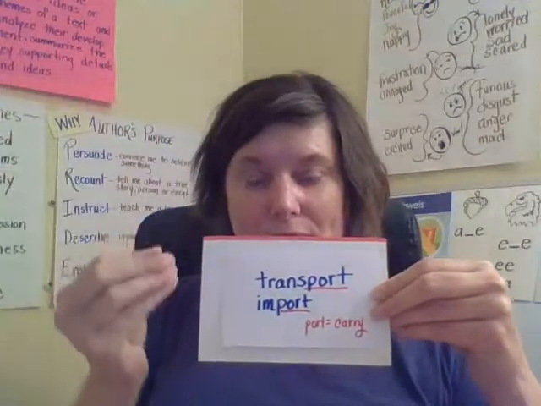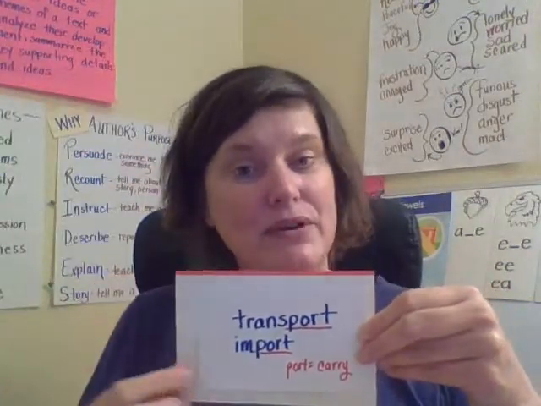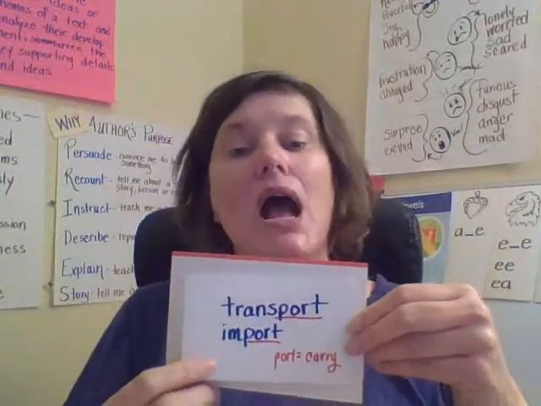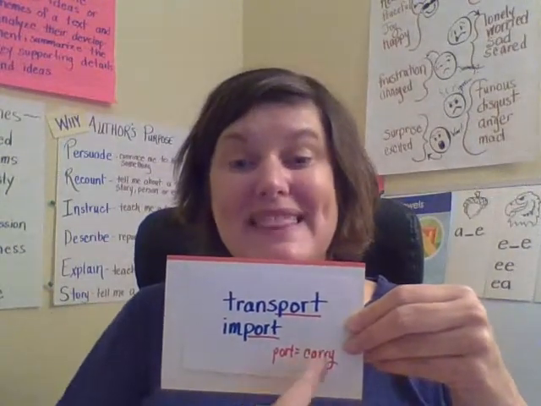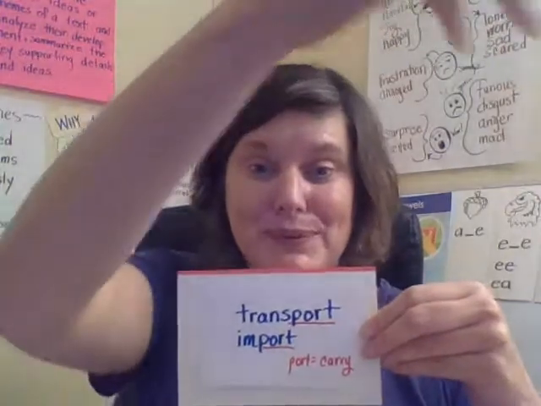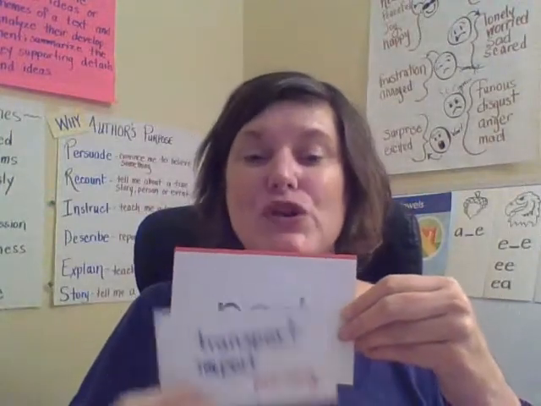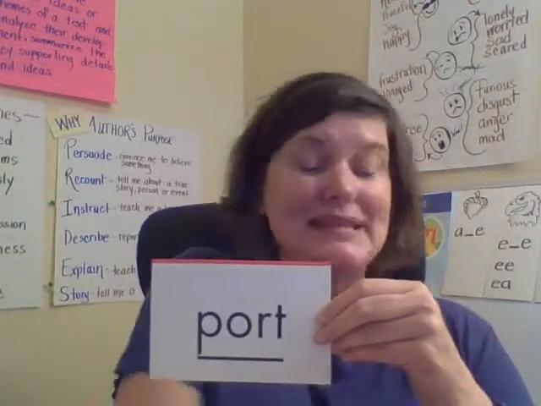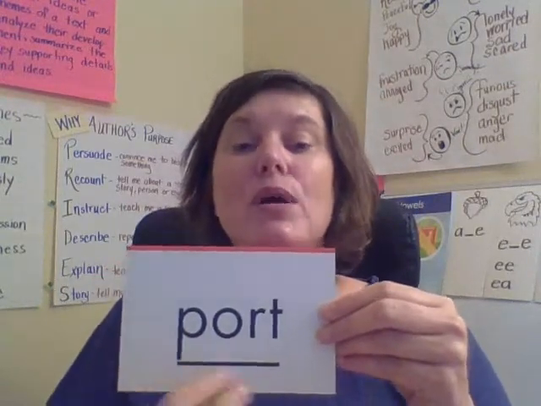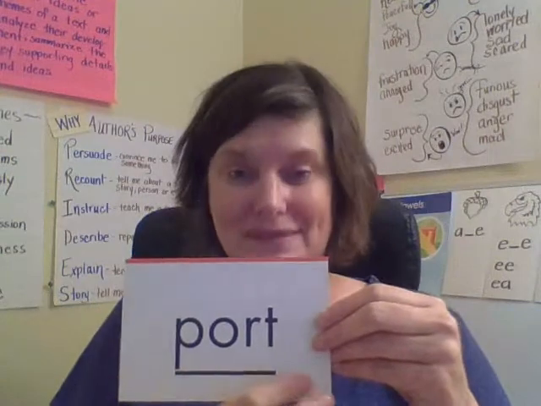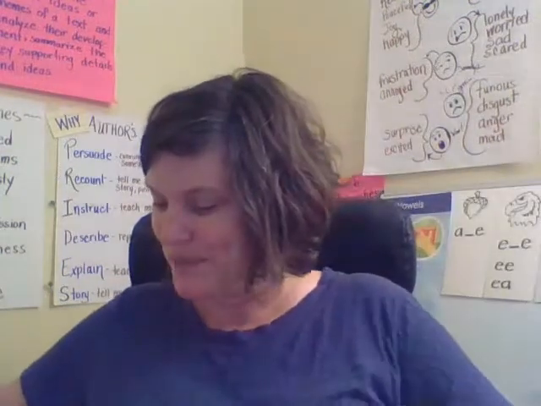So that means we carry in avocados from other countries to sell them. Like airport, that is a place that carries people through the air, okay? So port, and it means carry. My turn, port. Together, port. Your turn, excellent, guys. Good for you.